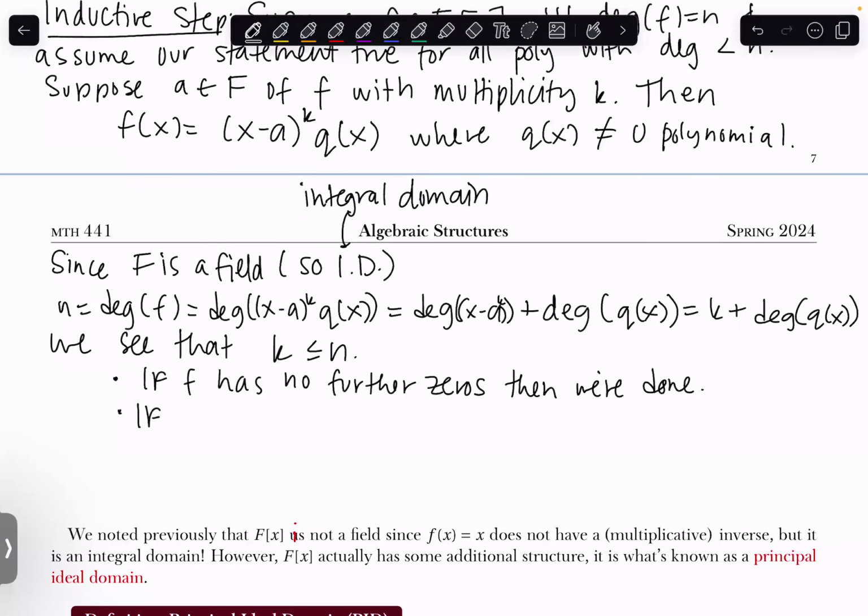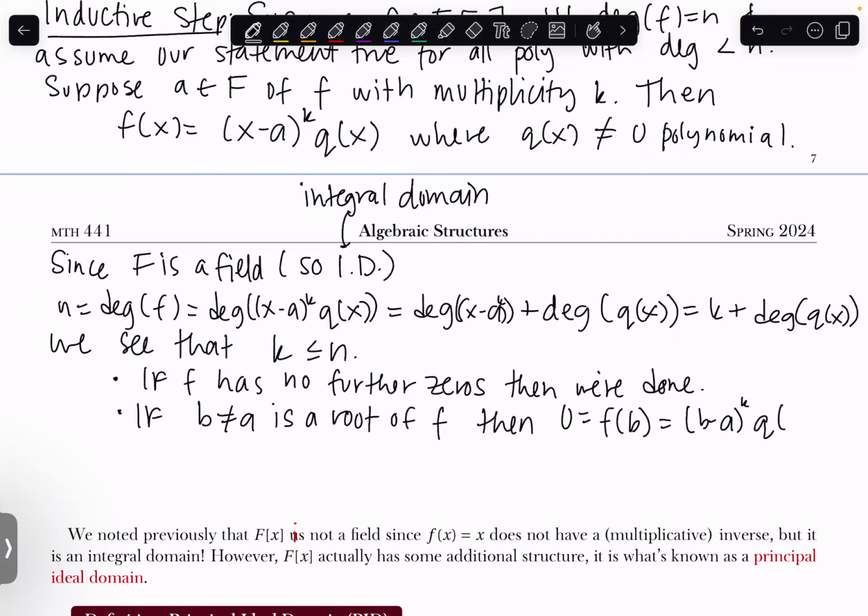Okay, so if b is some other element which is a zero, not equal to a, so a root of f still, then I know when I plug in b, I should get back 0. But I have one nice way to write my f in this way.